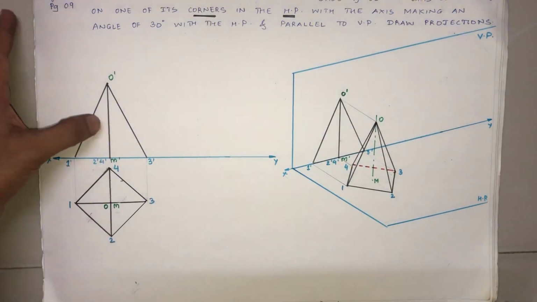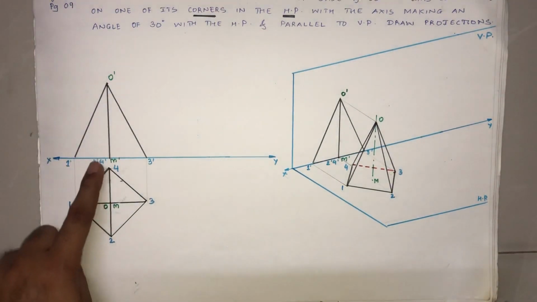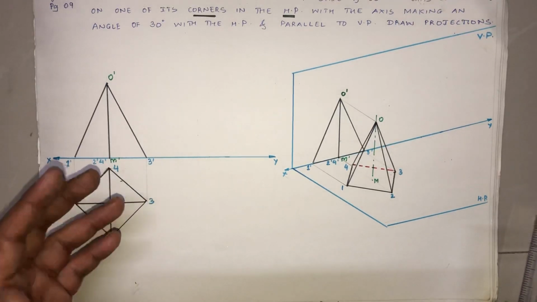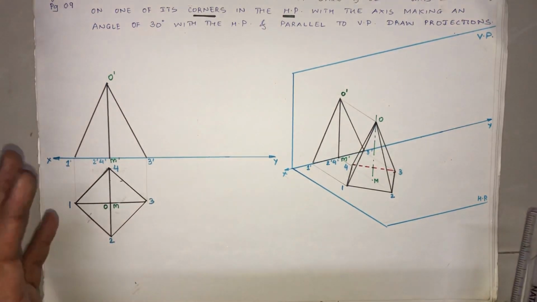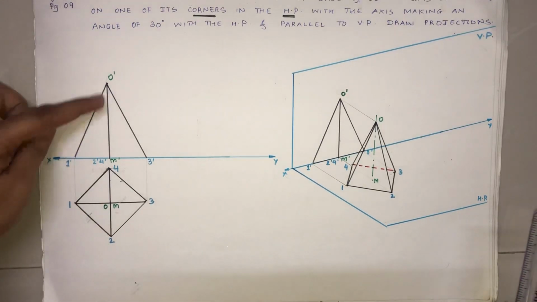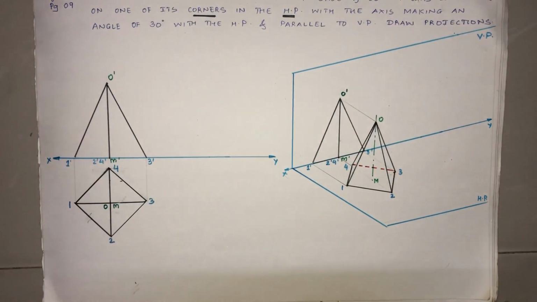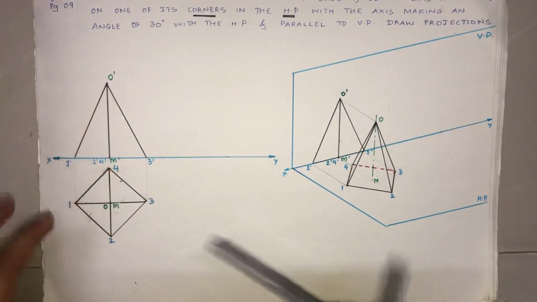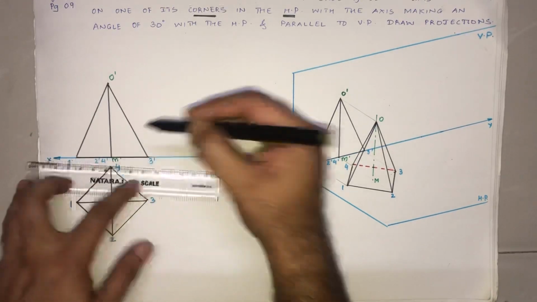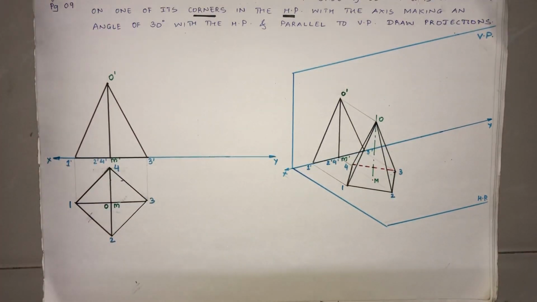So actually in this front view, there are 3 lines which are overlapping with each other. And as we always know, when many lines overlap, you will always show the darker one. Obviously, O dash, 2 dash or O2 is the one which is seen from the front, is the darkest of all lines. Now this is what we call as the stage 1 of our problem.